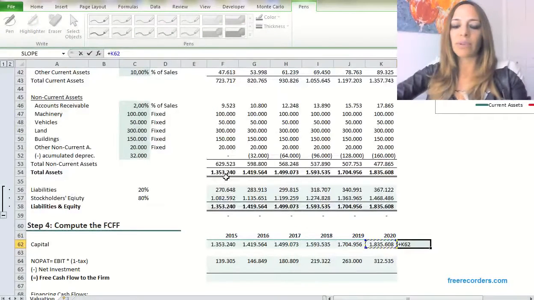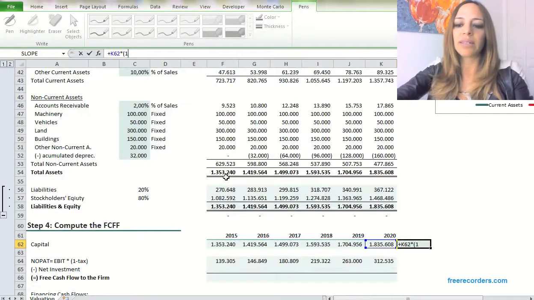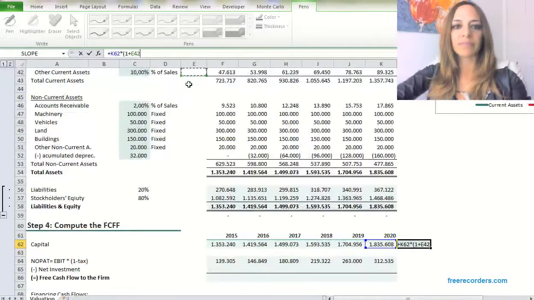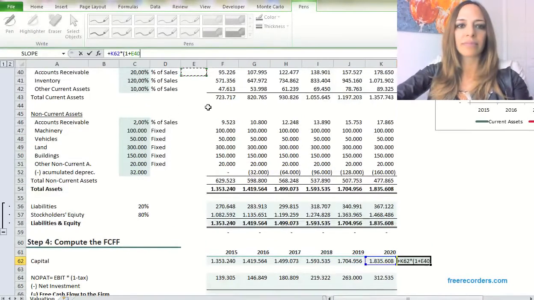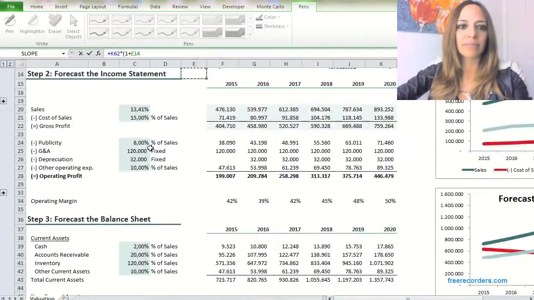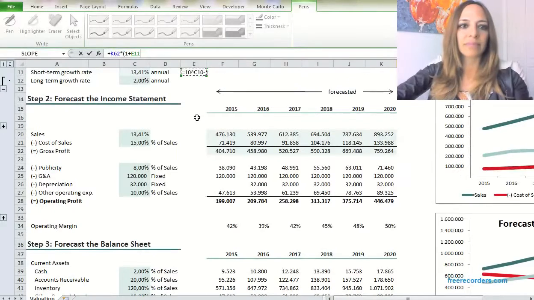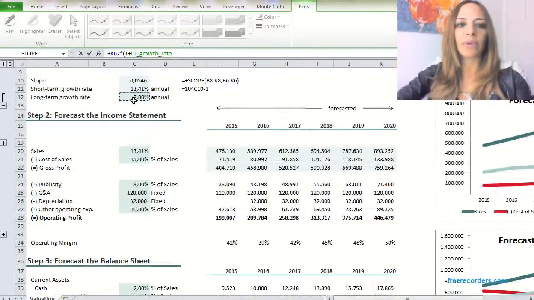So I will forecast an extra year using 1 plus 2%. Here, we call it long-term growth rate.